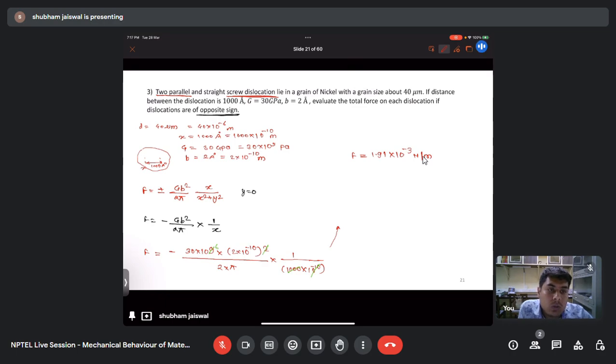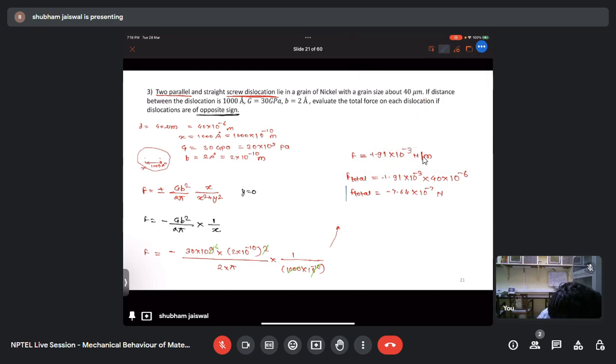So they are asking us the total force on each dislocation. So this is Newton per meter, so if we multiply with the grain size, we'll get our total force. So F total is equal to minus 1.91 into 10 to the power minus 3 into 40 into 10 to the power minus 6, so this F total comes out to be minus 7.64 into 10 to the power minus 7 Newton.